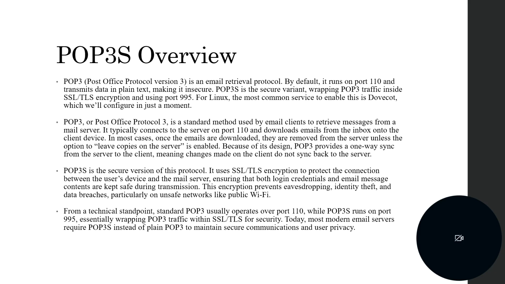From a technical standpoint, POP3 usually operates over port 110 while POP3S runs on port 995, essentially wrapping POP3 traffic with SSL and TLS for security. Today, most modern email servers require POP3S instead of plain POP3 to maintain secure communications and user privacy.